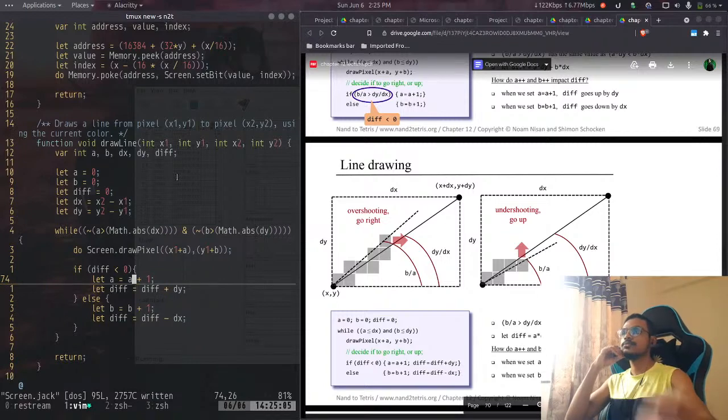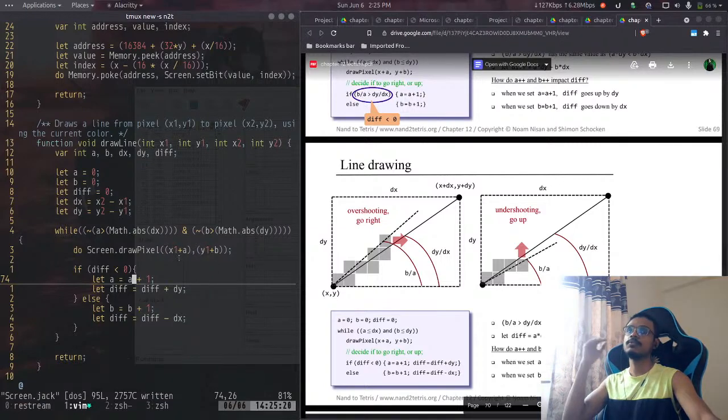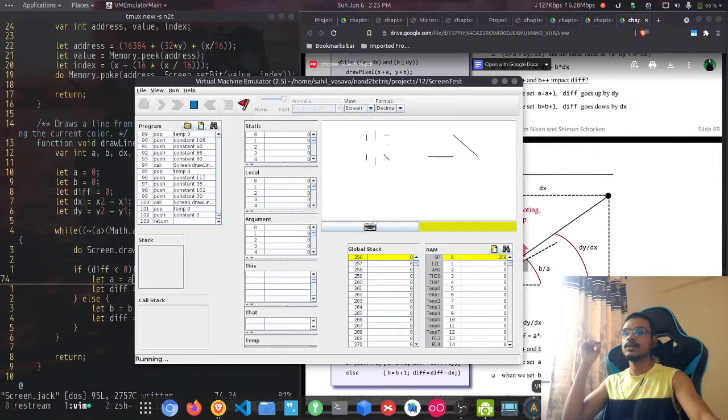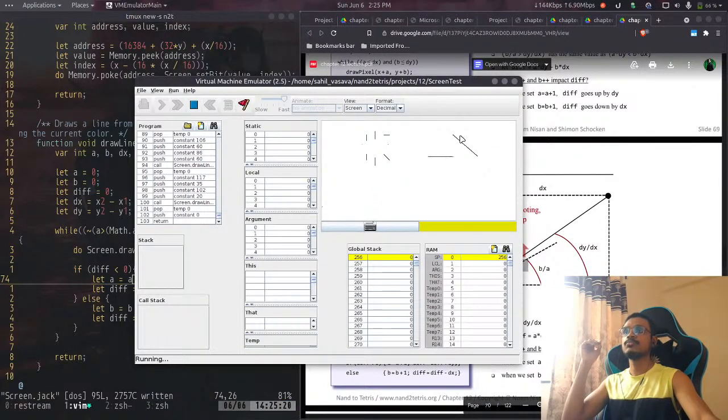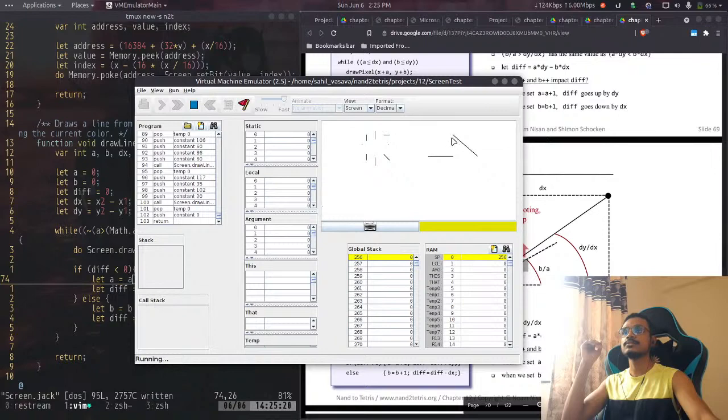Wait up, this is incorrect because even though I'm checking for this absolute value, I'm always increasing x1 and y1, so it will only work for cases where x and y both increase, like this one.